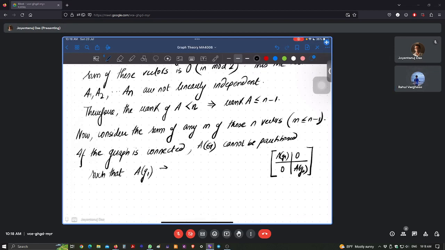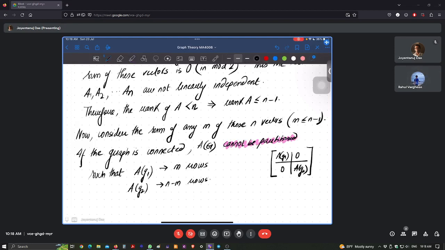AG1 has m rows and AG2 has n minus m rows. So this is only possible if the graph was disconnected, right? So you cannot partition like this.